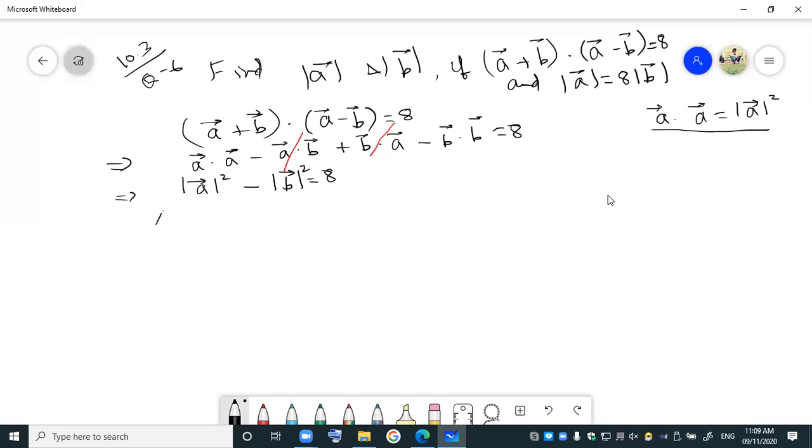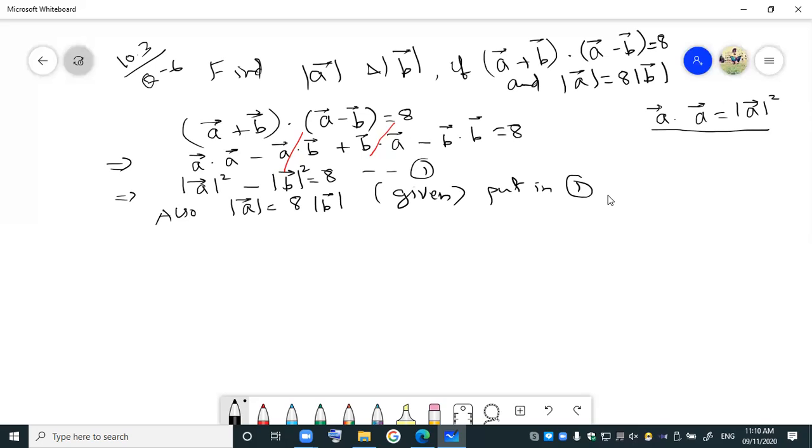Now also we have given the value of A: magnitude of A is equal to 8 times the magnitude of B. This is our given condition. So if this is equation number 1, put this in equation number 1.